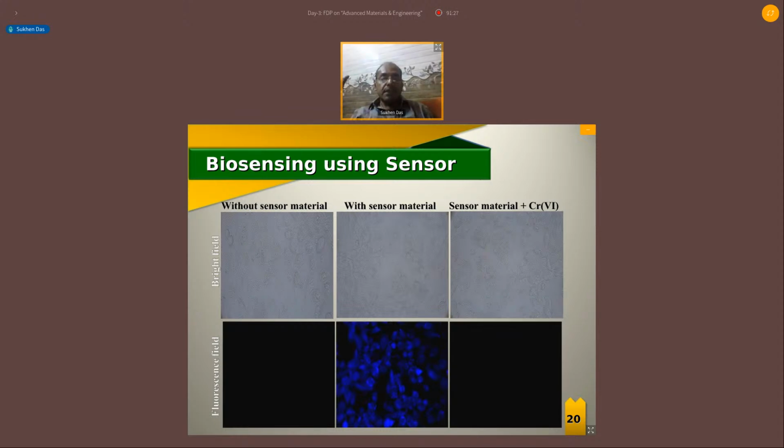Whenever you allow the chromium to go inside, but whenever this boehmite is in the matrix of the PVDF, then it will not be able to go inside the interlayer structure. It will just touch the surface. So in that case, the fluorescence property will not go completely, it will reduce in presence of chromium.